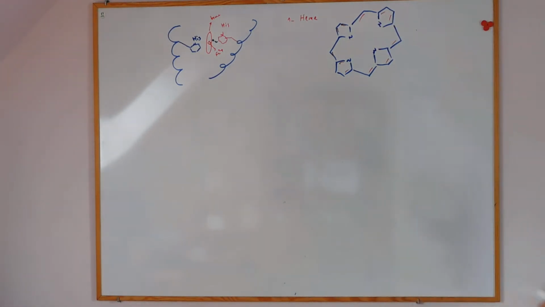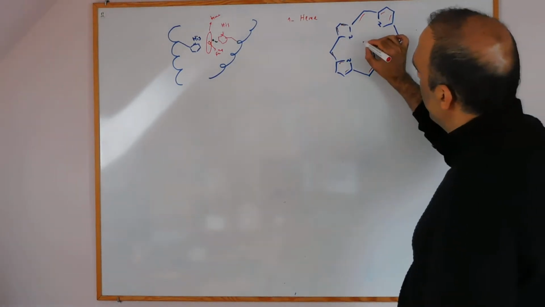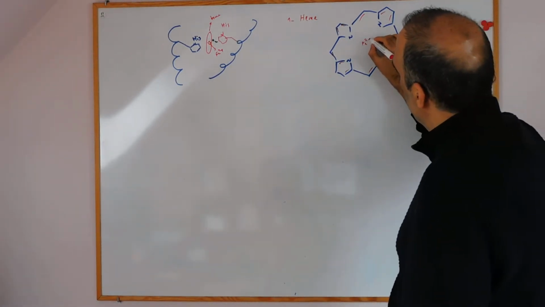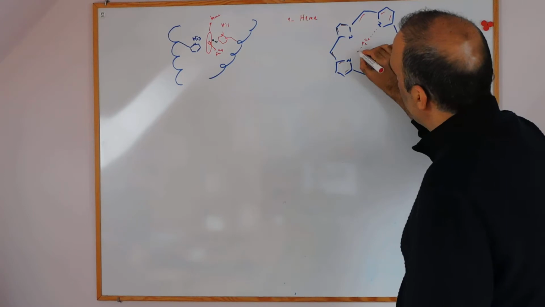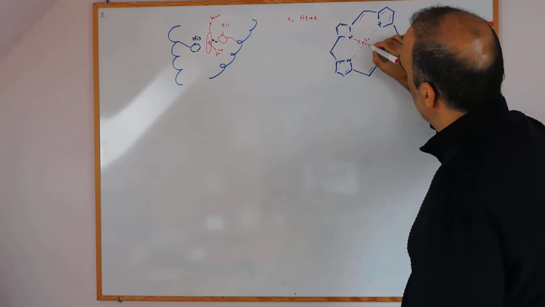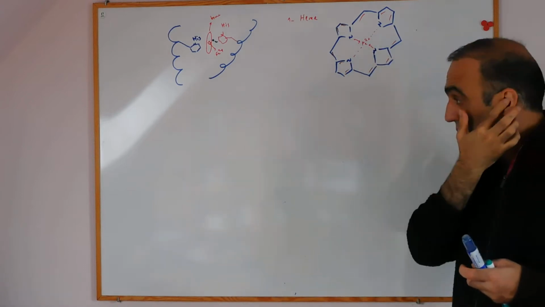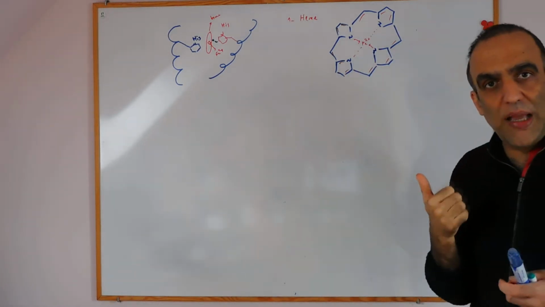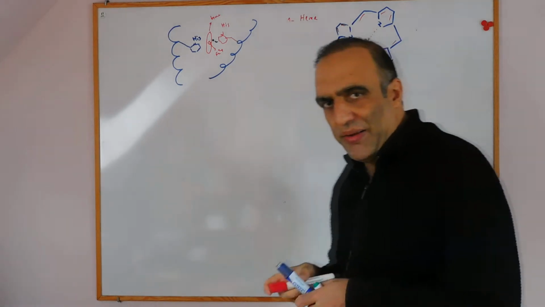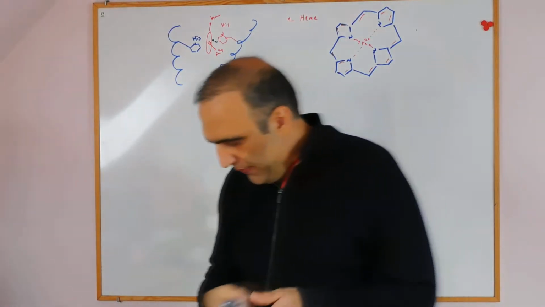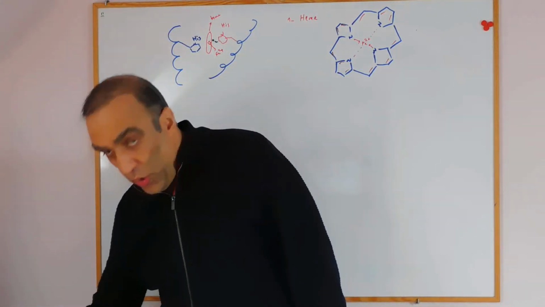Okay. And in the center there is iron 2 plus with the coordination number of 6 inside it. It has 4 bonds, and the 5th bond can bind to the histidine, and the 6th bond can bind to the oxygen.